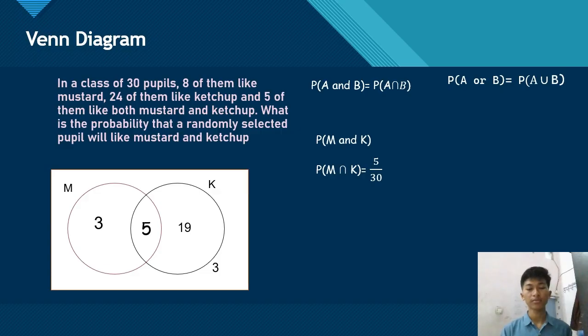The probability of mustard and ketchup is the same as the probability of M intersection K. M intersection K equals 5 over 20. 5 is the intersection, the number who like both mustard and ketchup, and 20 is the total in the class, so this is 5 over 20, which equals 1 over 4.